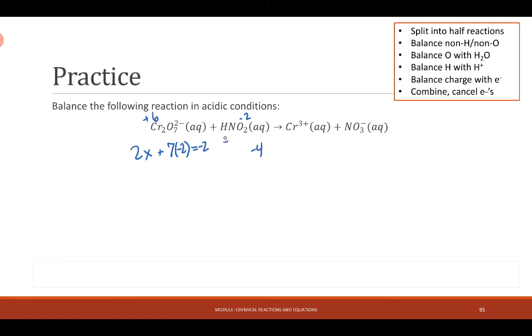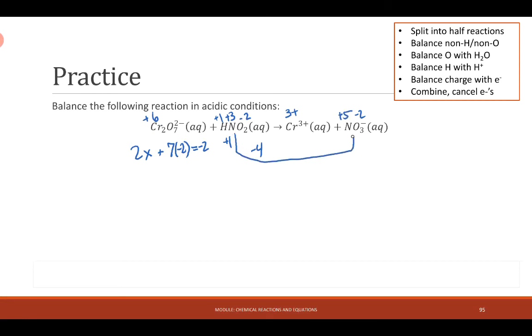And then that's a plus 1. And so my nitrogen here is going to have to be a positive 3 in order to cancel out. My chromium here, that's a 3 plus. That one was easy. Now we got 2 minus. There's 3 of them, so that means nitrogen's a plus 5.